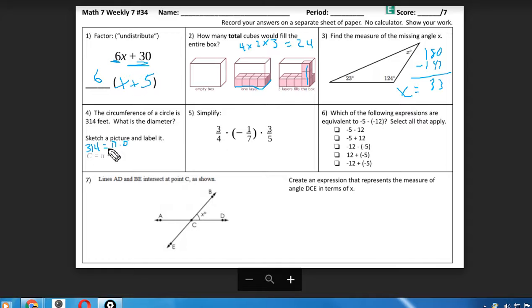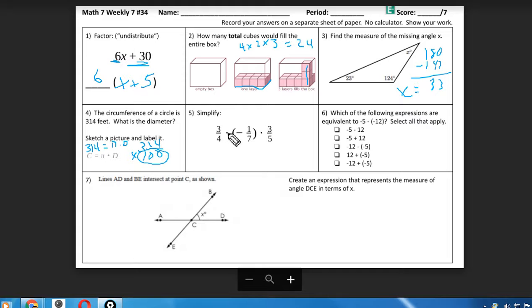So if we divide this number by pi, what's going to end up happening is you have 314 divided by pi, and you're going to end up getting a number that needs to move it 2 decimal places. Okay, so the number that's going to make it move 2 decimal places is 100, because 100 times 3.14 is really just going to take this decimal and move it over, so 314. Okay, so you know your answer is 100.